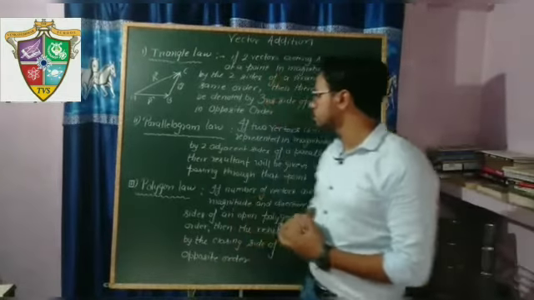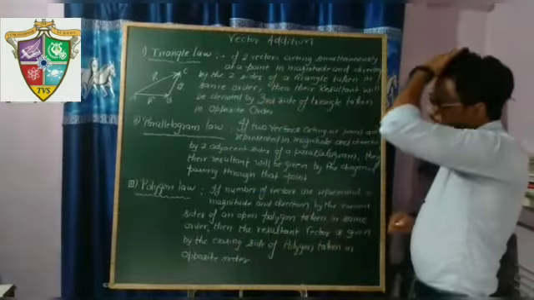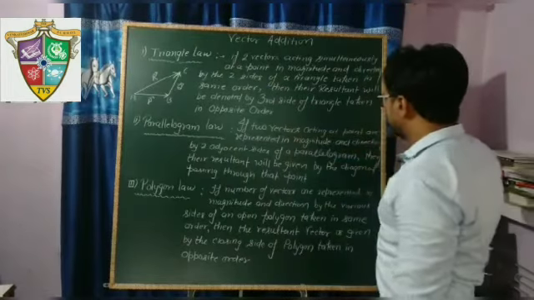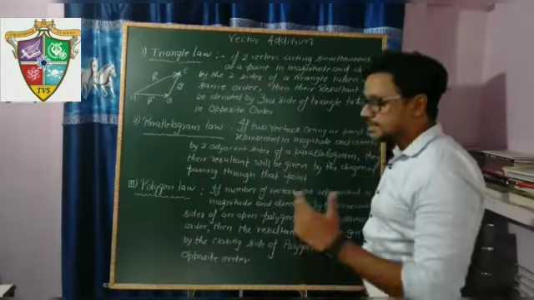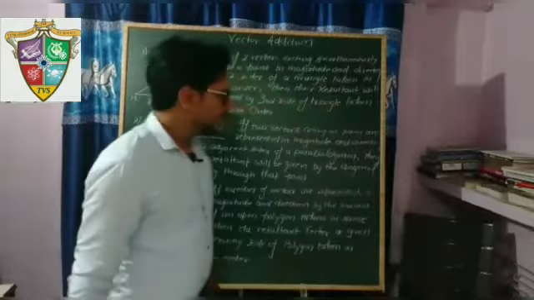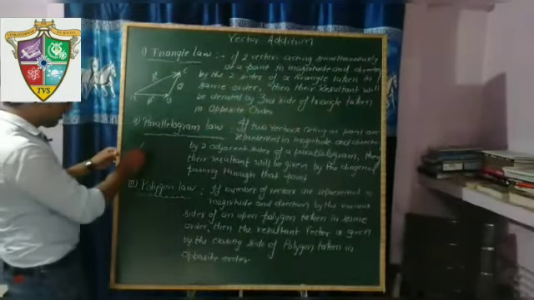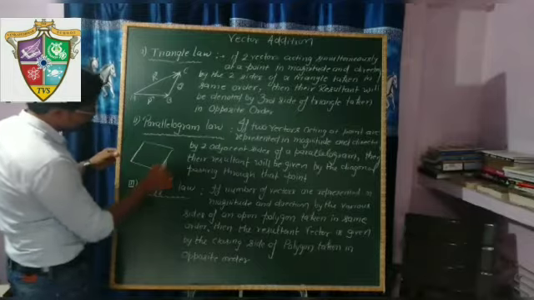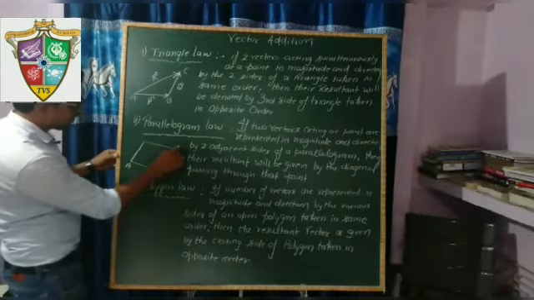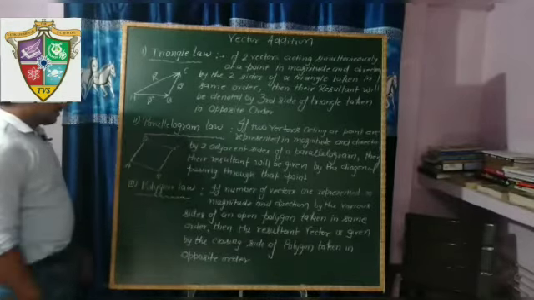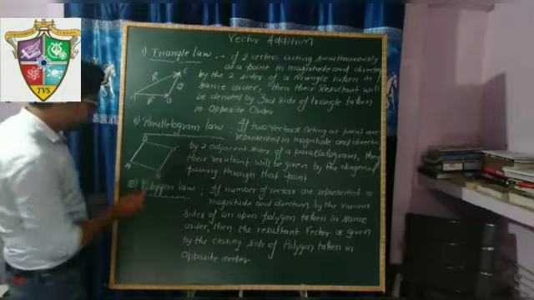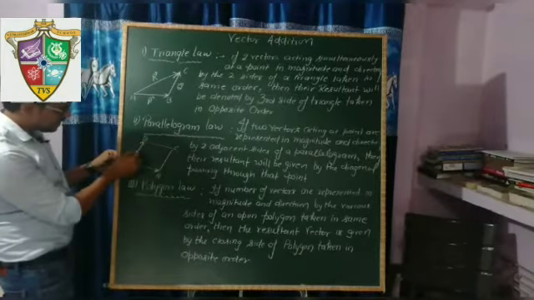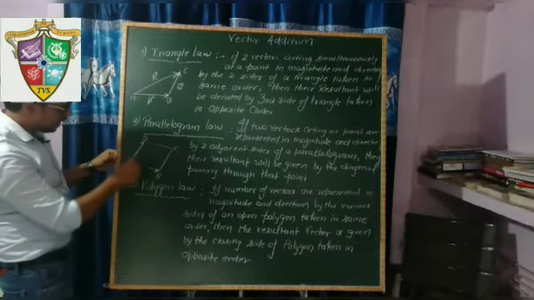Now come to the second rule, the parallelogram law. It states that if two vectors acting at a point are represented in magnitude and direction by the two adjacent sides of a parallelogram, like this parallelogram, say this is A, B, this is C, this is D. These are the sides of the parallelogram, and we denote two vectors by the two adjacent sides AB and AD.